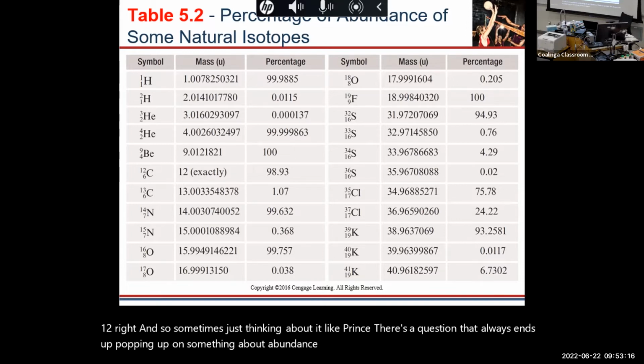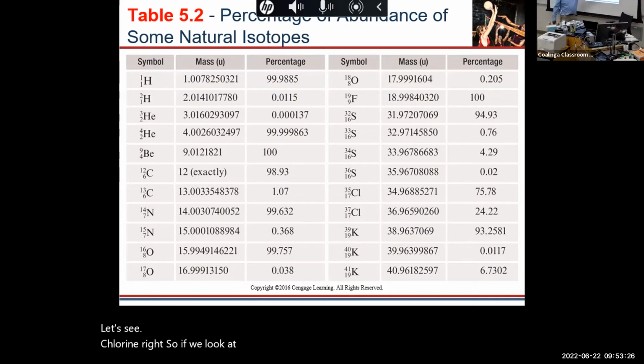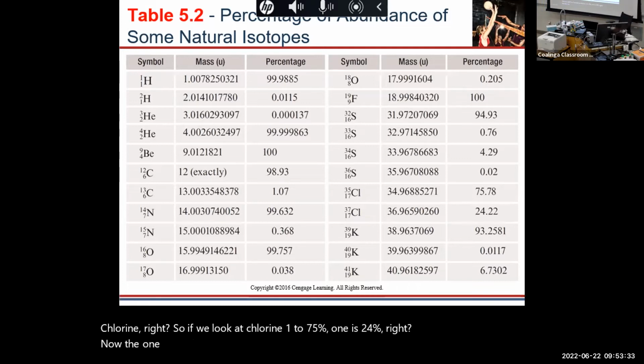So if you have an isotope, let's say chlorine, right? So if we look at chlorine, one is 75%, one is 24%, right? Now, the one that's 75%, if you look at the value on a periodic table, what is the value on our periodic table? 35.45, right?